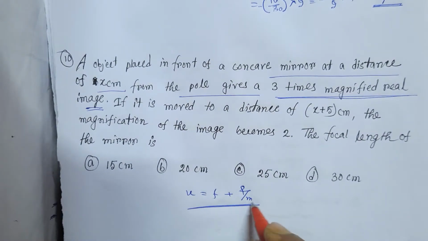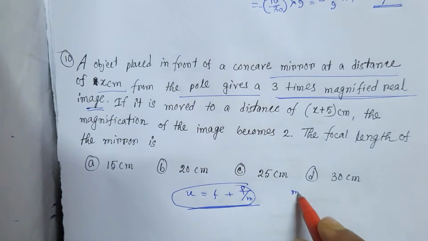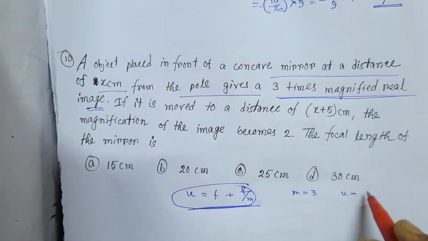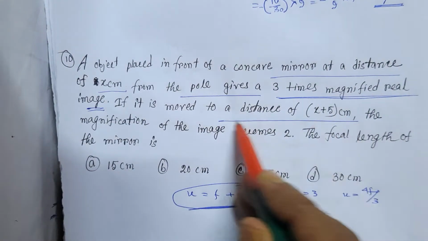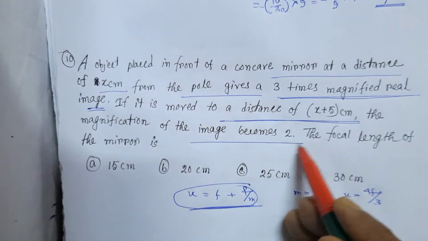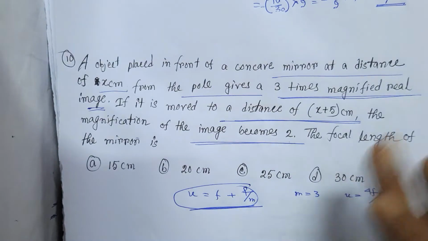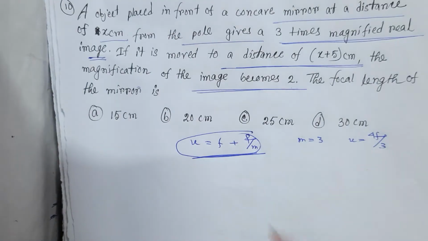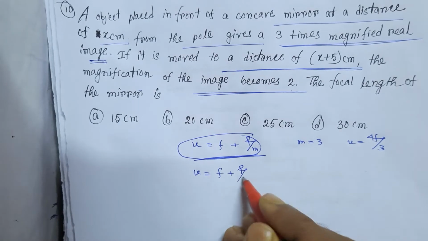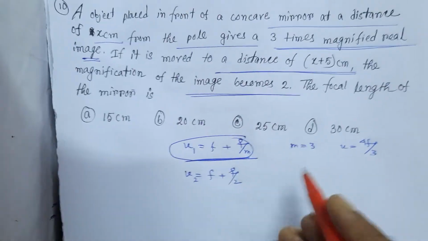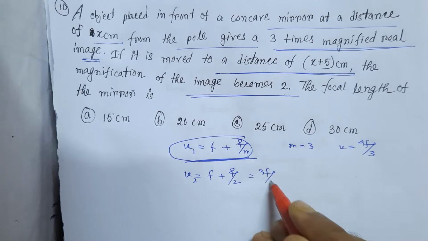When we get a 3 times magnified image, m is 3, so u equals 4f by 3. If it is moved to a distance x plus 5, the magnification of the image becomes 2. When the magnification becomes 2, then u equals f plus f by 2. So u2 equals 3f by 2.